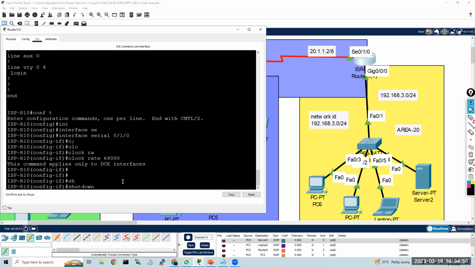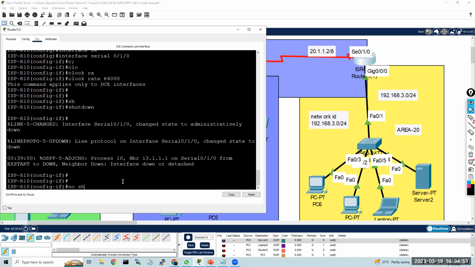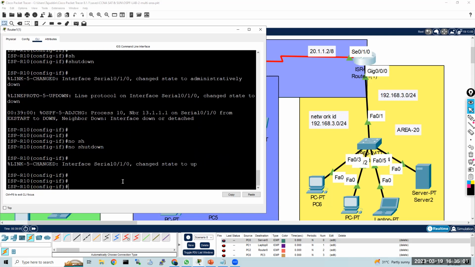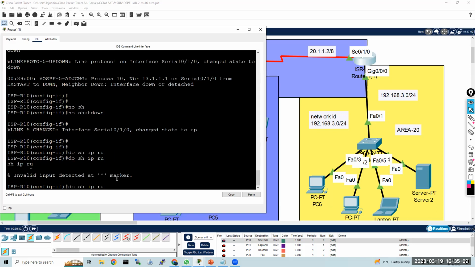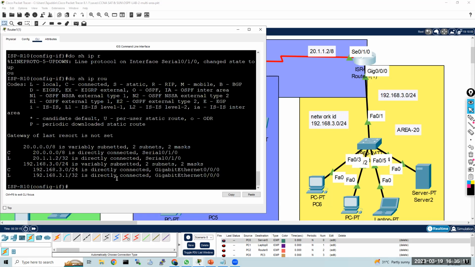If you want, I can do the shutdown and say no shutdown. Do show IP interface. Do show IP route. Still okay. Can you show interface brief?